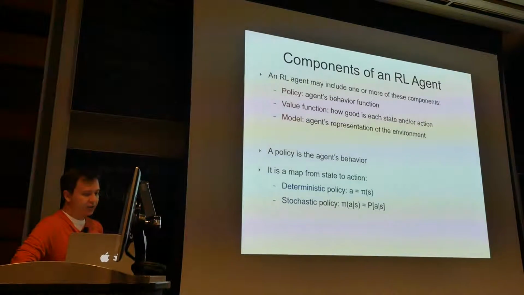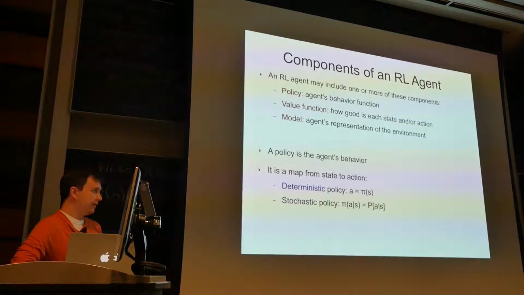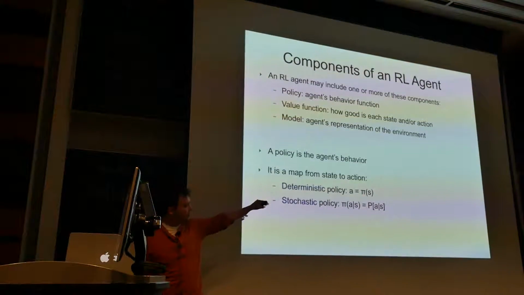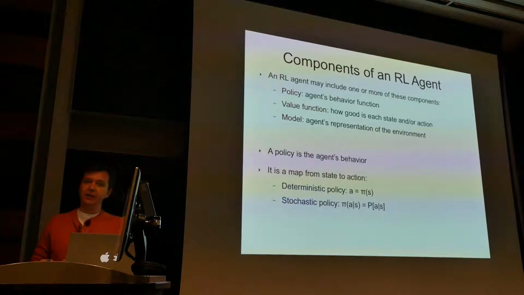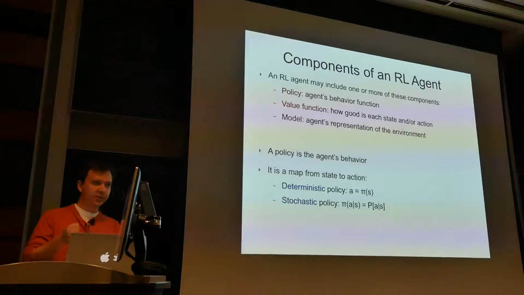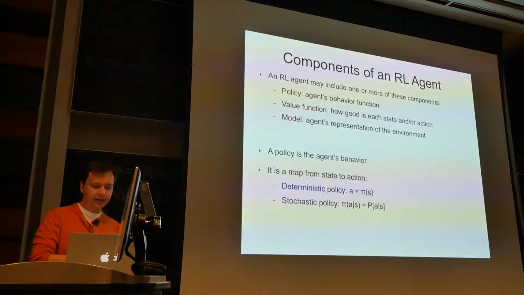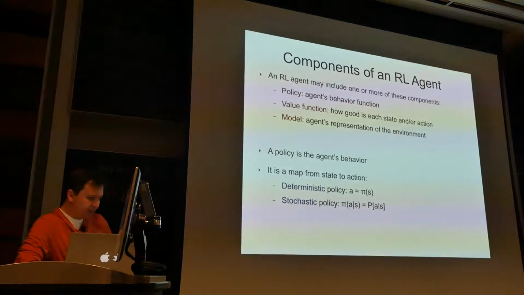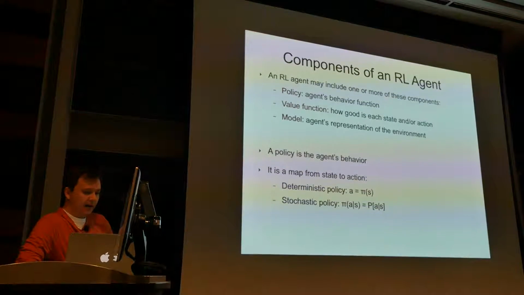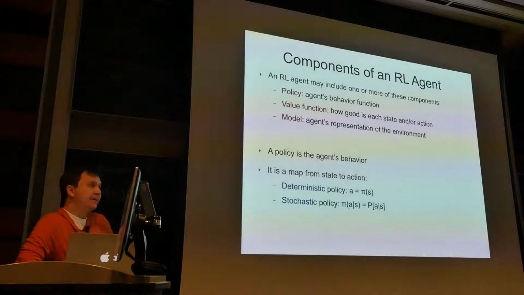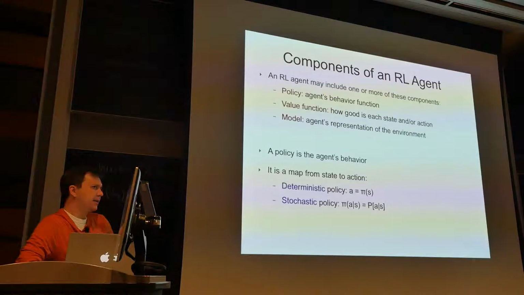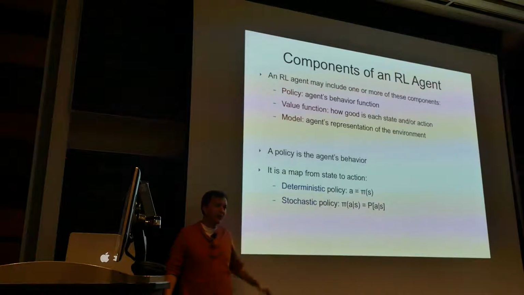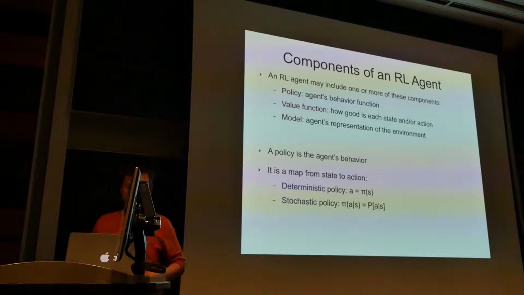A policy is the agent's behavior. Given a particular state, it really is a map from state to an action. So every time you hear the question, what's the policy, it really is, here's your state, what action should you be taking. We've looked at examples of deterministic policies. And in the next class, we'll see an example where a stochastic policy might actually be the optimal policy.